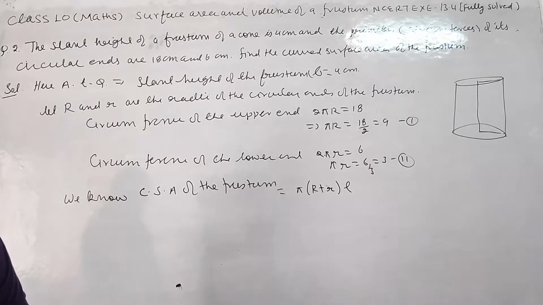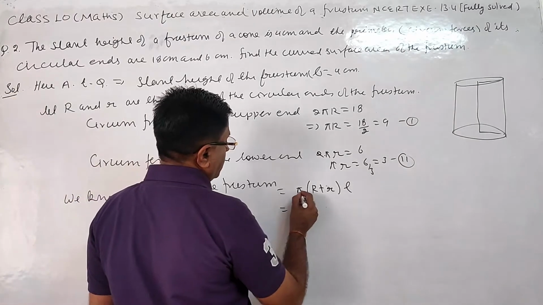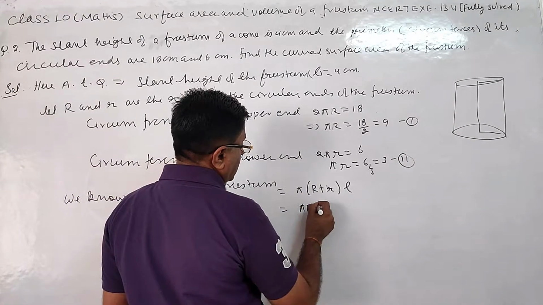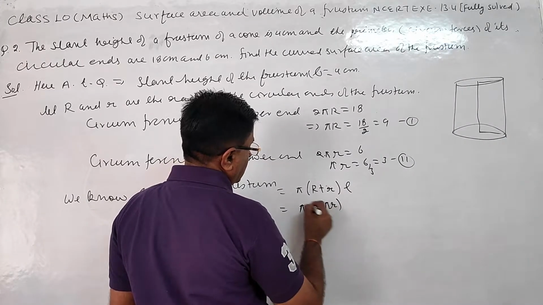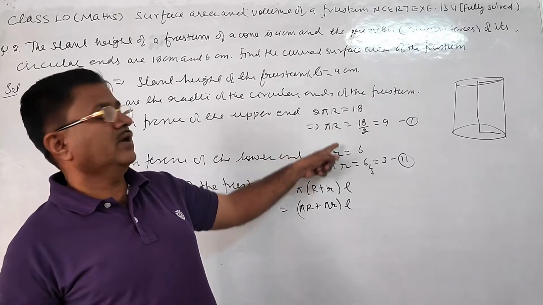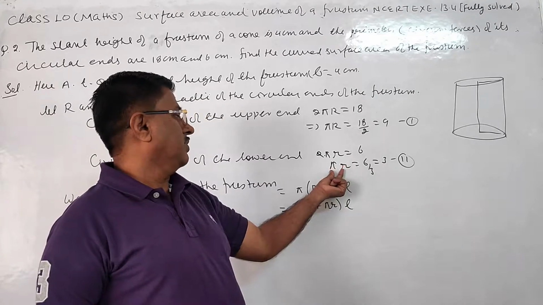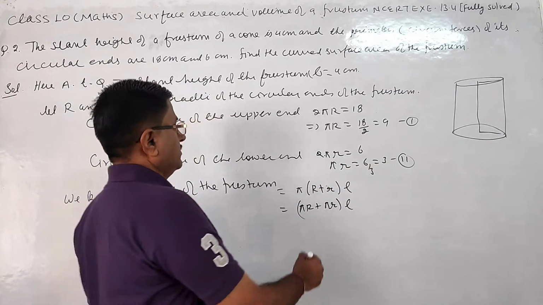Now put the values. It may also be written as pi R plus pi small r, into L. Why are we doing this? Because these values in terms of pi are already given. That's why pi R can be written as 9, and pi r can be written as 3.